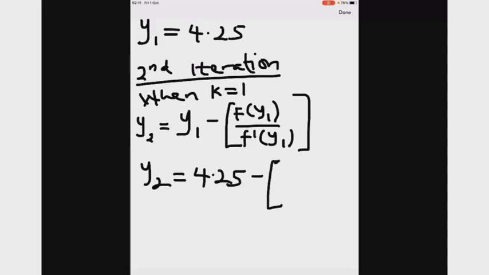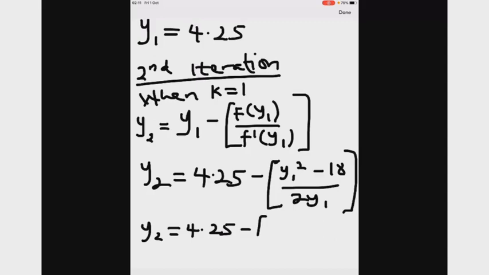So my function will change from y0 to y1. I have y1 squared minus 18 over 2y1.